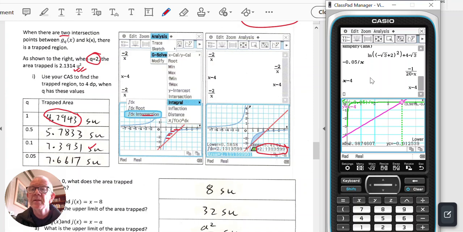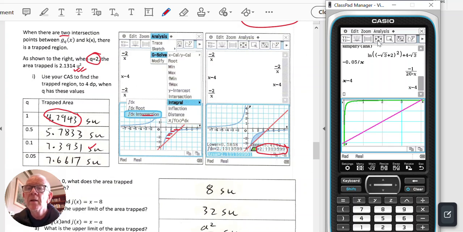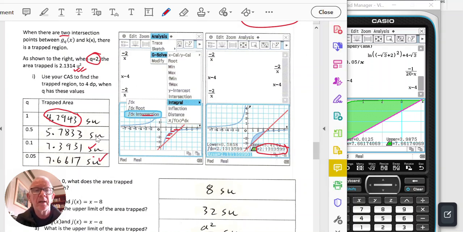It didn't pick the first one, did it? 0.05. See if I can just grab it to there. Analysis, G-solve, integral, intersection. Got it that time. Enter, across, enter. And that's more of it, 0.76617. Okay, there are those answers.